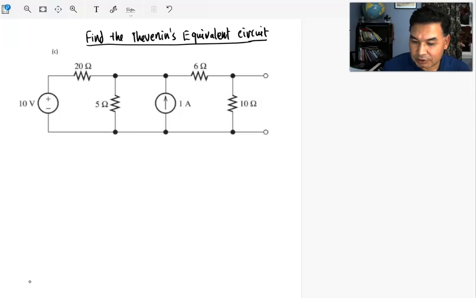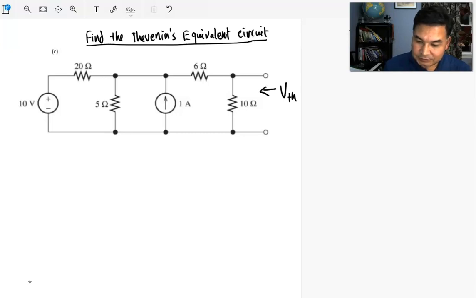The load resistor is already removed, which is good. So whatever voltage you see from here is the Thevenin's voltage. So somehow you have to find out the voltage from this side.